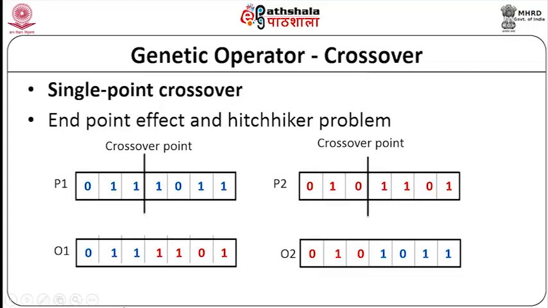But after the crossover point, it gets the next half from the second parent. So, the first half of the first parent goes to the first offspring, and the second half after the crossover point goes to the second offspring. In the second parent, the first half goes to the second offspring, and the second half goes to the first offspring, like this.